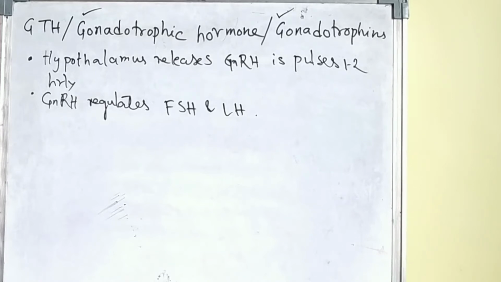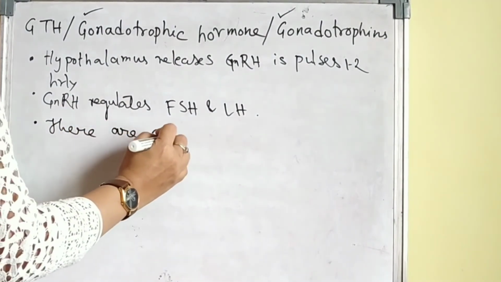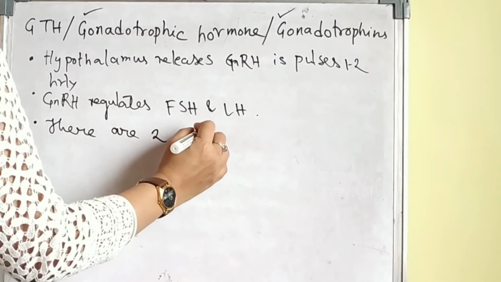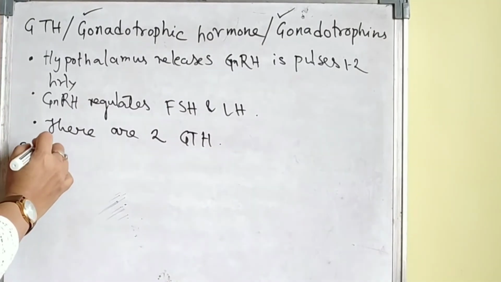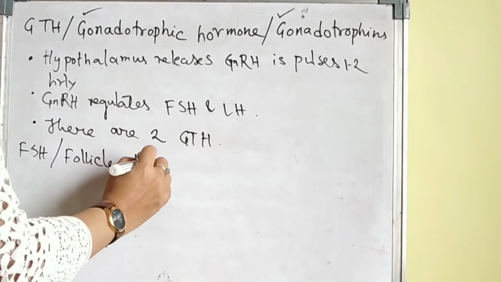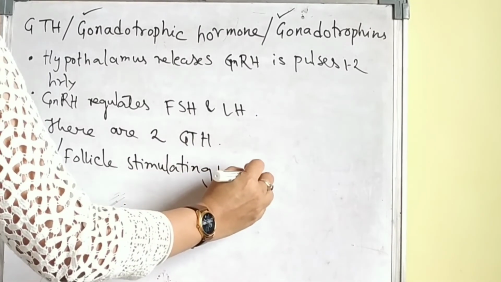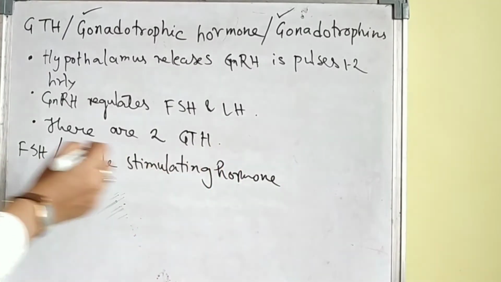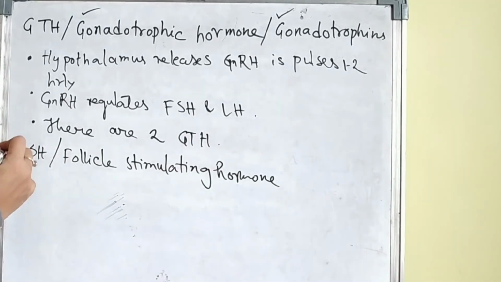There are two gonadotropins. Number 1, follicle stimulating hormone, FSH. What about the action of FSH in males as well as in females?